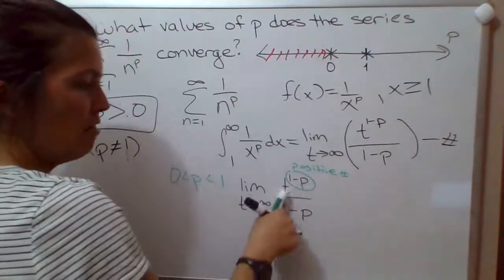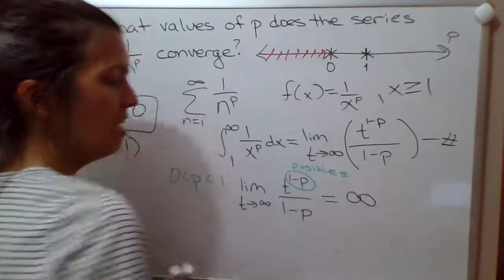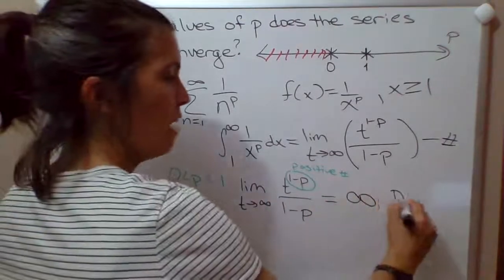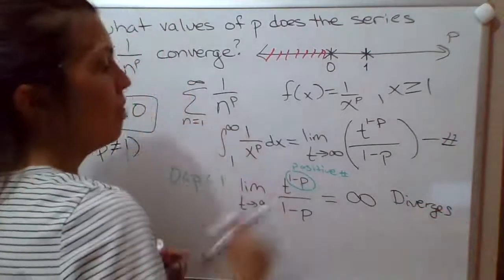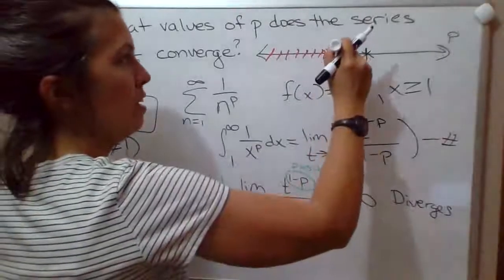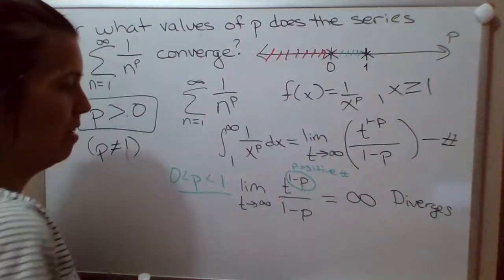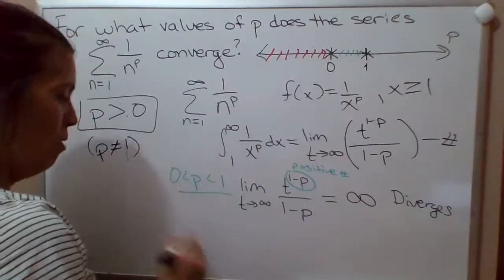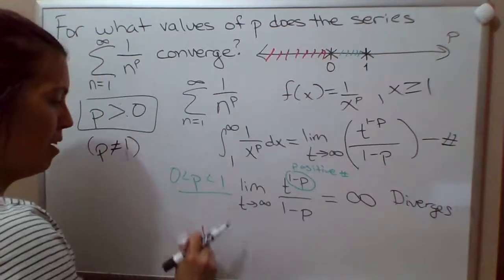And so you have t raised to some positive exponent, that's going to go to infinity. And so the integral diverges, which means the series diverges. So between 0 and 1, this limit goes to infinity, the integral diverges, so the series also diverges. So now our only hope is for p bigger than 1.